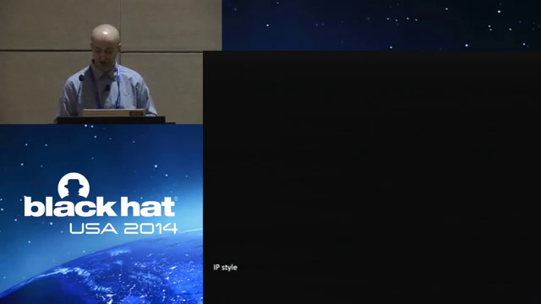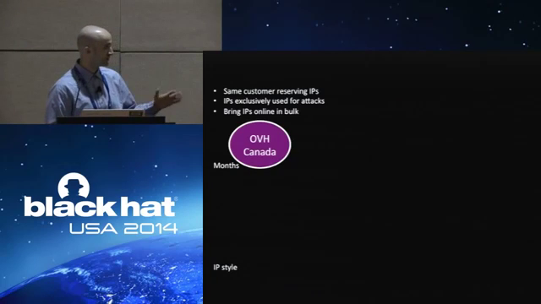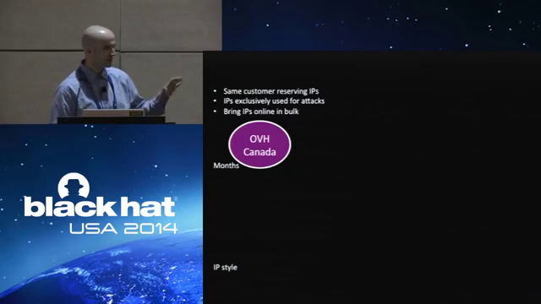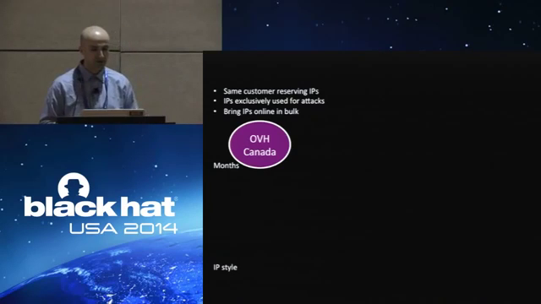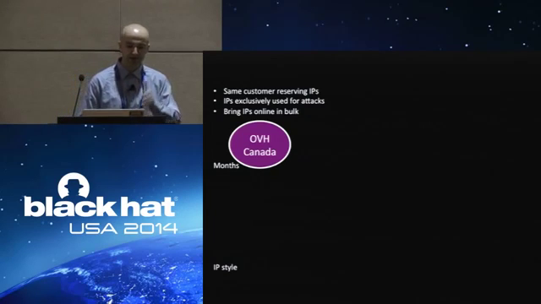So for that, we'll take an example, which was the nuclear exploit kit domains and how they were hosted a few months ago. So for several months, back in summer and fall of 2013, OVH Canada has been the most abused one. So in that case, we saw a small number of customers reserving these sub-allocated ranges.